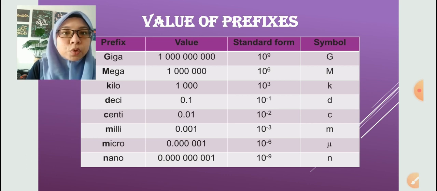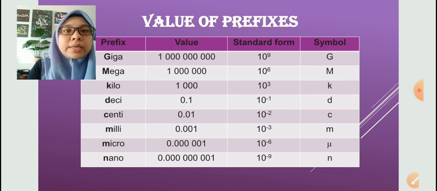Giga is the largest value and nano the smallest. Giga is 1 billion, mega is 1 million, kilo is 1,000, deci is 0.1, centi is 0.01, milli is 0.001, micro is 0.000001, and nano is 0.000000001. That is very small.